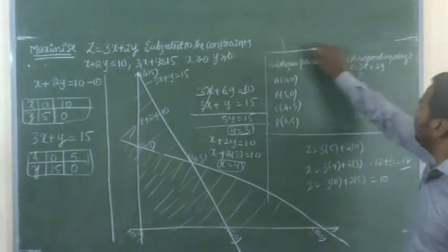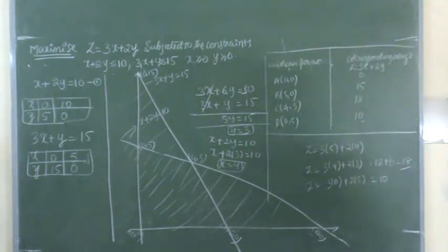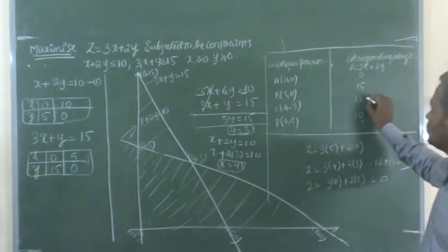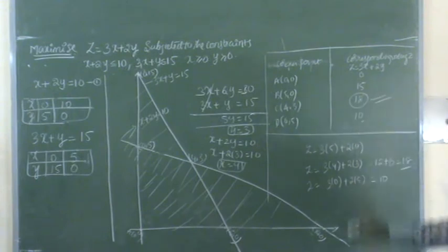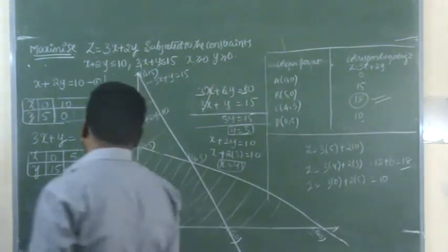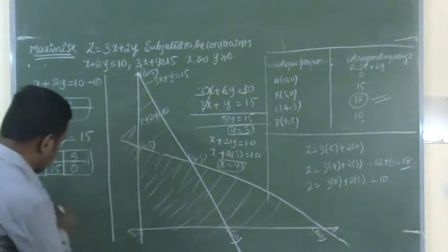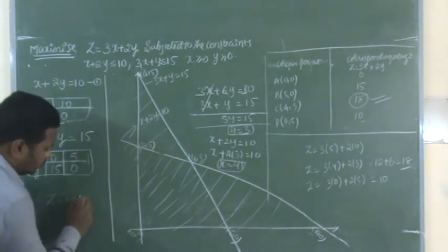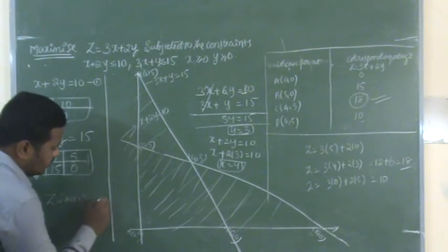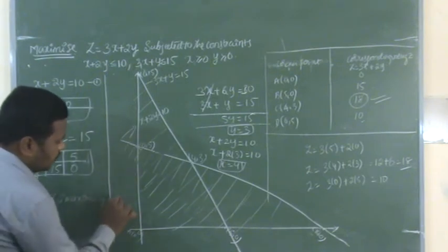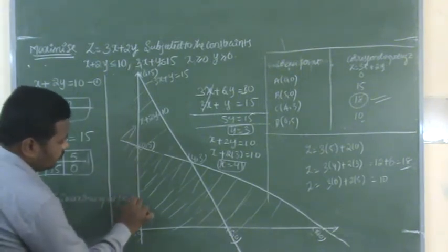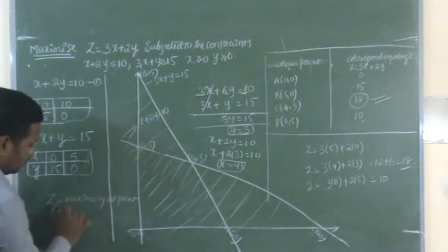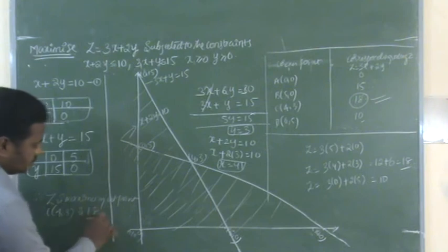Here the maximum value is 18. Therefore, z is maximum at the point (4, 3) and the value is 18.